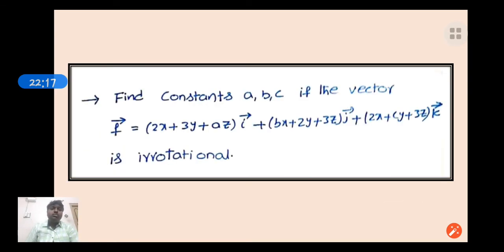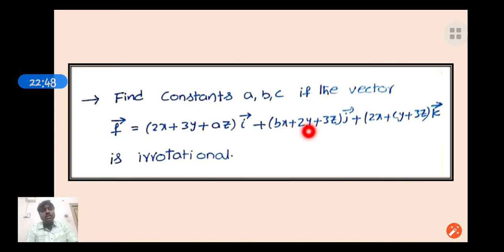Now let us go through one more example. Find the constants a, b, c if the vector point function f bar is equal to (2x plus 3y plus az) i bar plus (bx plus 2y plus 3z) j bar plus (2x plus cy plus 3z) k bar is irrotational. Here also we can use the same technique. The given function is irrotational, that means the curl of f bar is equal to 0 bar.